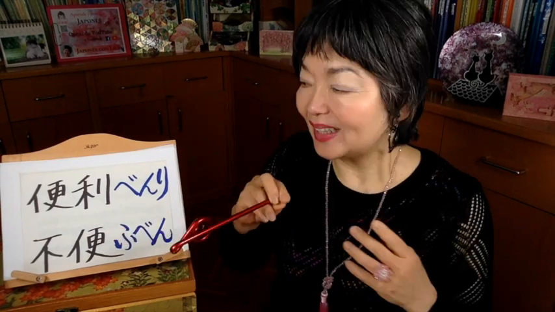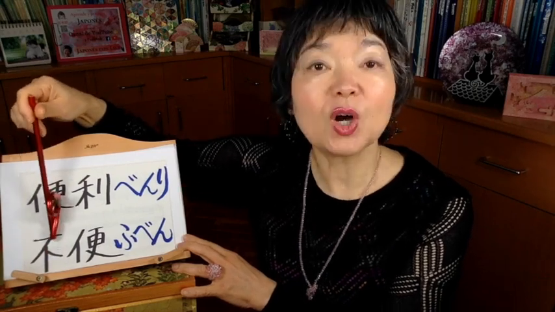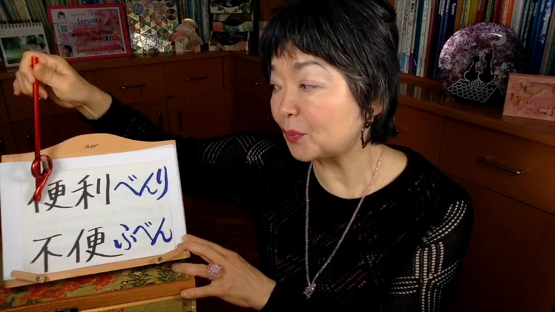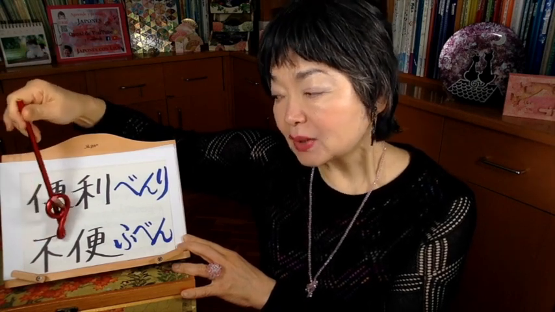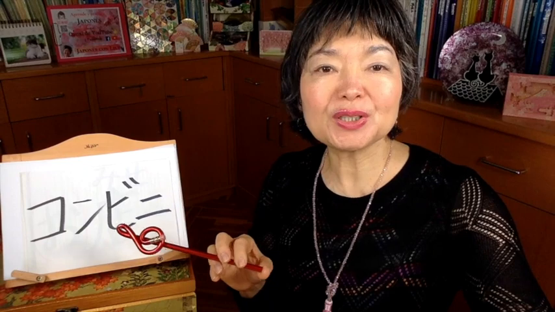This 漢字 不 is used to express something contrary. So 便利 with this 漢字 便, and this is 不便, contrary, inconvenient, unhelpful. I'll show you examples using these words.